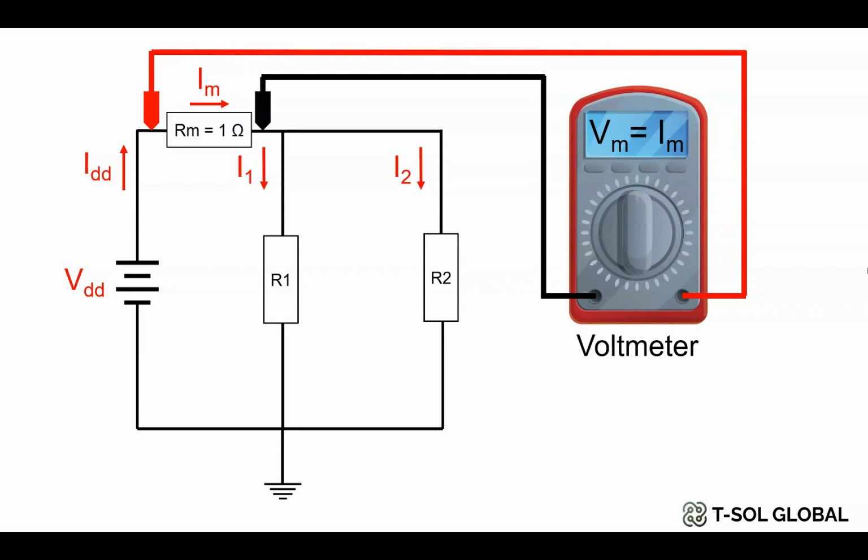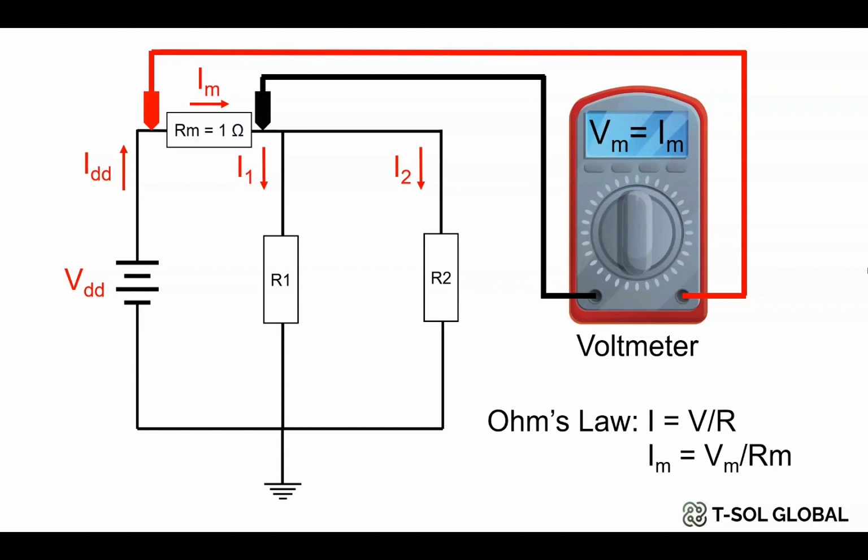How this Im current can be calculated from the Vm voltage can be explained from a very basic law, which is Ohm's law. We know from Ohm's law that V is equal to I times R, or we can also write I is equal to V by R. So in our circuit, we can replace these values and write Im is equal to Vm by Rm.